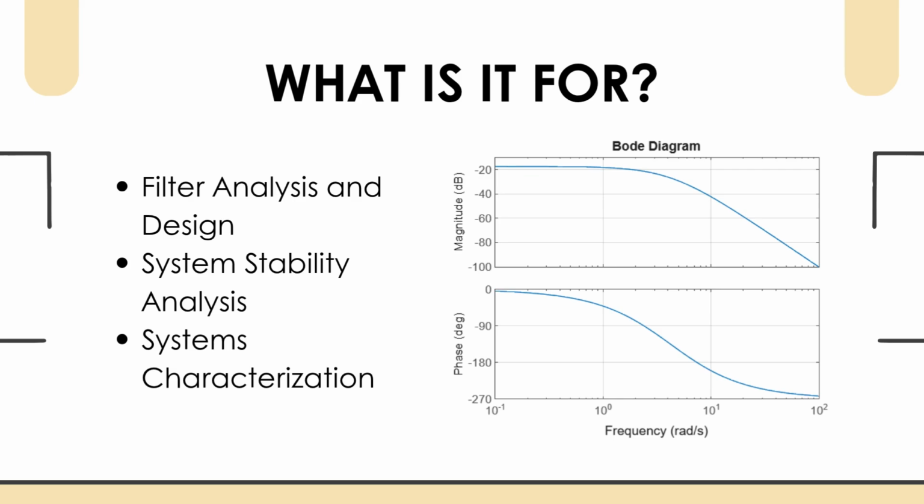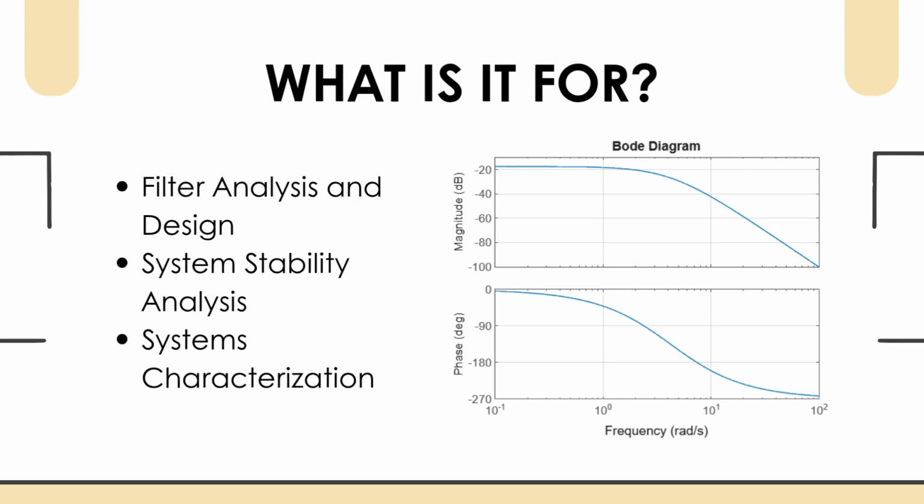It allows us to determine the cutoff frequencies, bandwidth, attenuation in the stop band, and other important filter characteristics. And it facilitates the comparison between different types of filters like low pass filter, high pass filter, band pass filter, and band reject filter, and the selection of the most suitable one for a specific application.